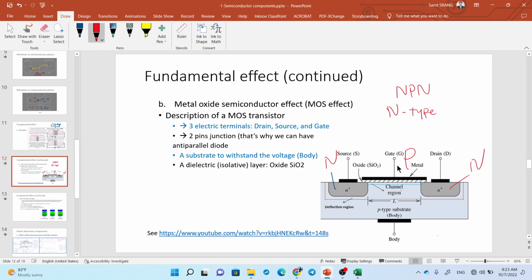When you apply positive voltage through the gate, for the source, of course, this is only connected to ground, and this one connected to the positive polarity of a battery, for example.